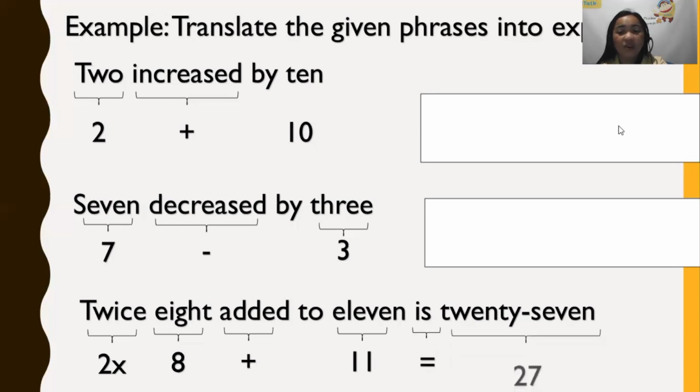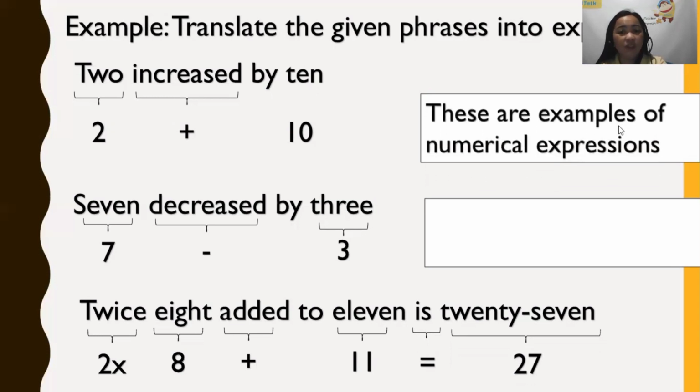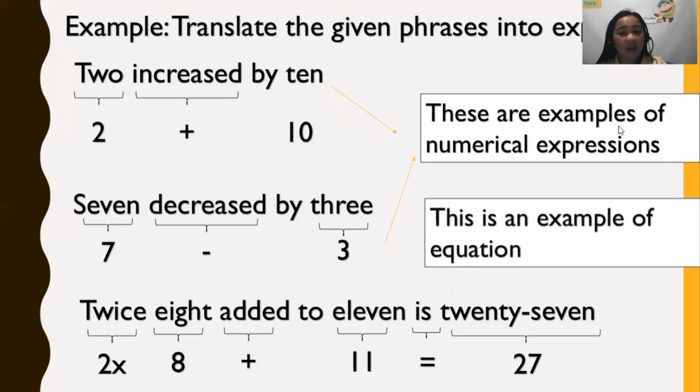And we have 27. So we have 2 times 8 plus 11 equals 27. So now, these are examples of numerical expression, the first 2 examples. And the last example is an example of equation.